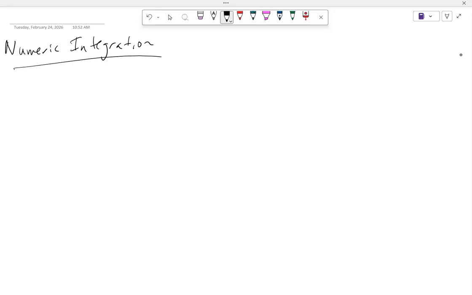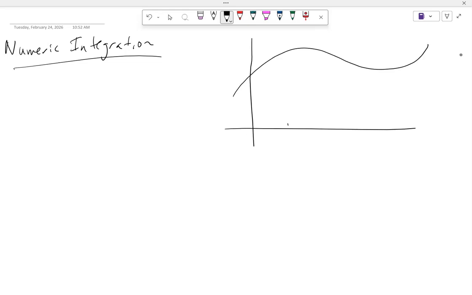If you think about what we mean by the integral, you have some function on some interval. You slice up the interval into pieces. You make a bunch of rectangles based on those intervals and pick some point.